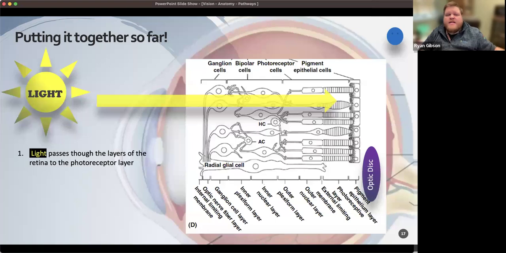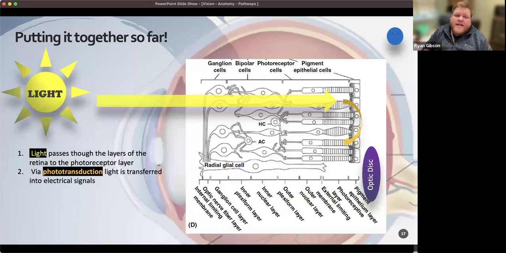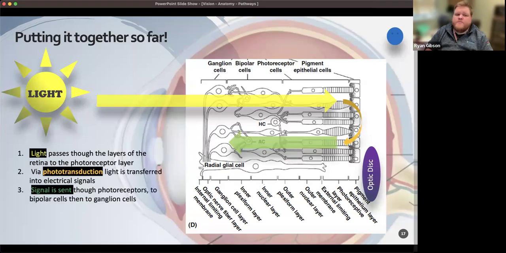So light comes in, passes through these layers, and gets our rods and cones stimulated, depending on if it's degree of light or if it's color wavelengths, right? Depends on what it is. That's going to excite the opsins. The opsins then help convert that light into an electrical signal.